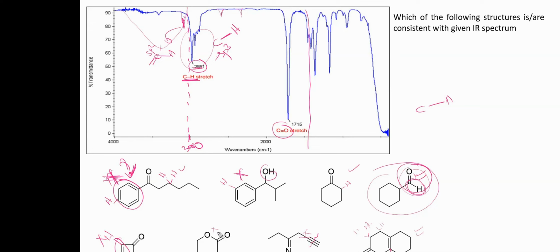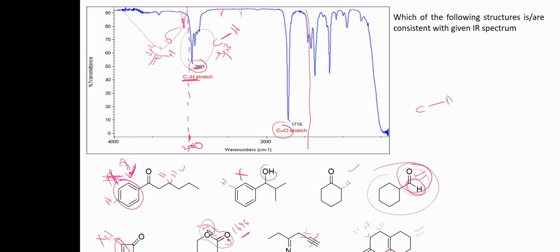And it's not this structure because if we have this carbonyl, just like in carbon 13 you see the C=O appearing at a lower ppm value than a typical pure carbonyl. When you have a conjugated carbonyl, you will see this C=O stretch at around 1690 or 1680, below the 1700 mark.